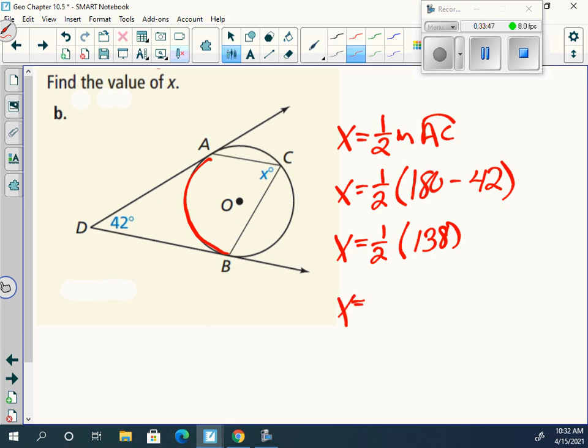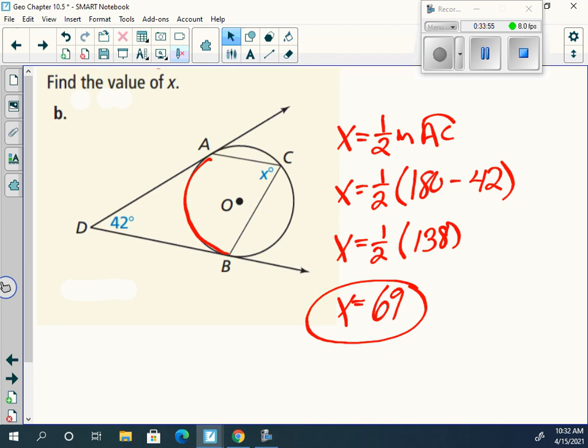And if we take half of 138 or divide 138 by 2, we get 69 degrees. Any questions on any of this here? Are we good with this problem here?